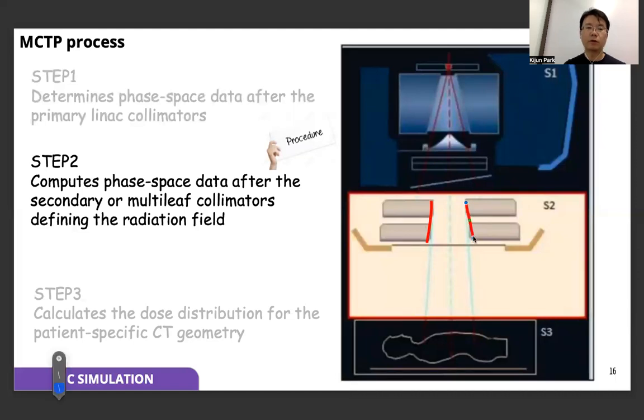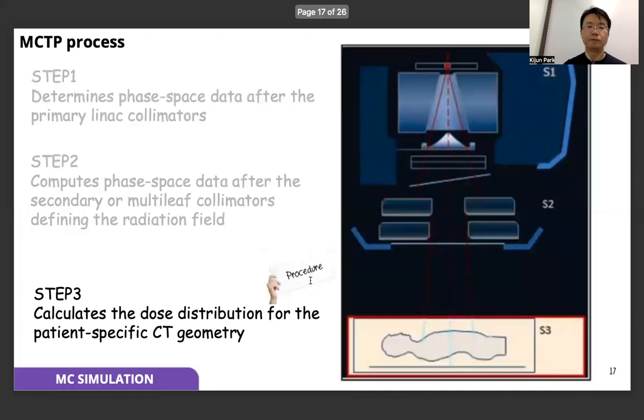So it is the multi-leaf collimator moving in and out that determines the size of the field before the patient radiation. And lastly, they calculate the dose distribution for the particular patient-specific CT geometry, so we can use the patient geometry to determine the dose distributions.